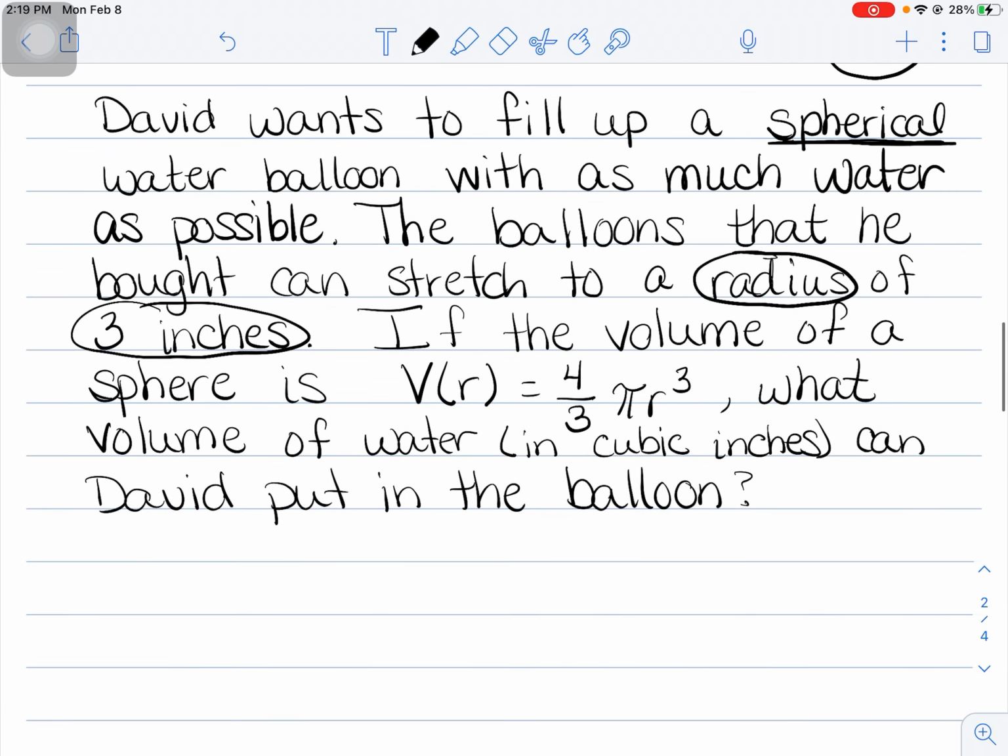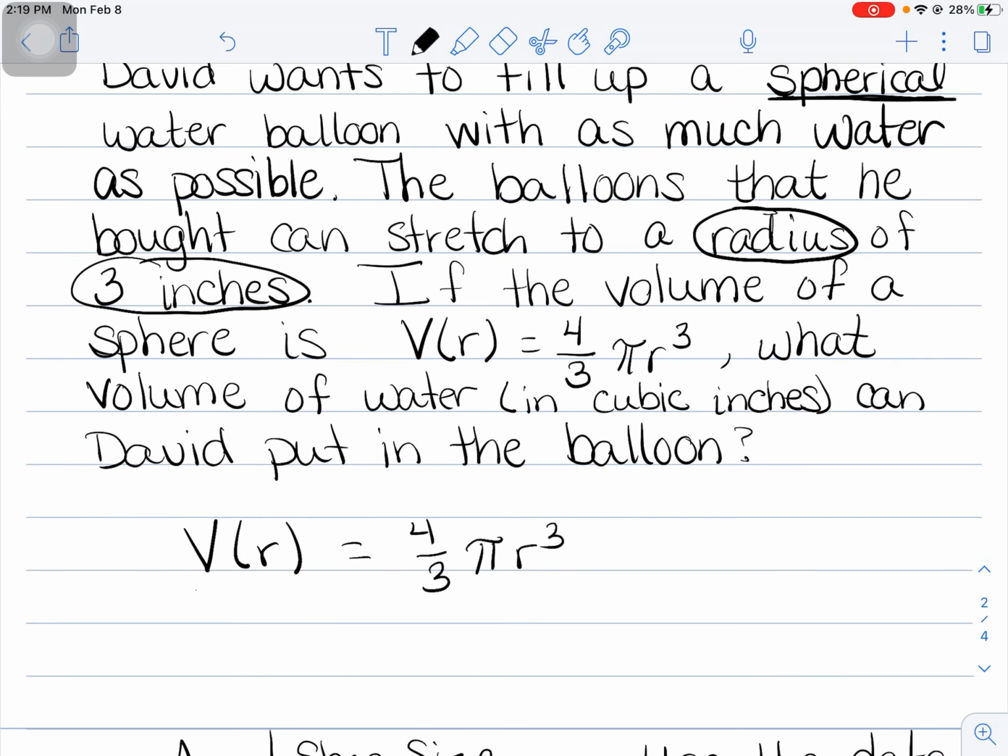So it seems very complex, but really all we're doing is using our function rule with the formula given, and it's telling us that our radius is 3 in the problem. So everywhere we see r, we're going to plug in 3. So V of 3, and we're going to use our formula, and now we're going to put our 3 where the r is.